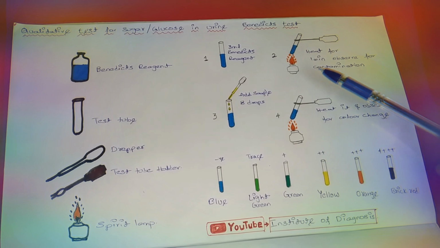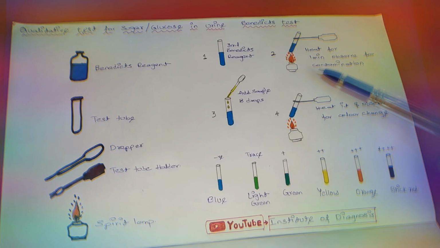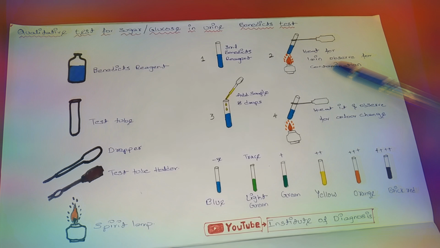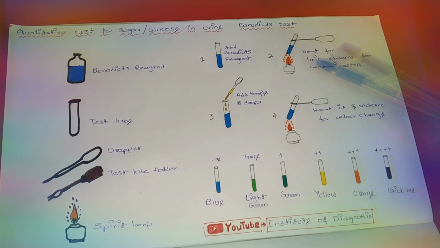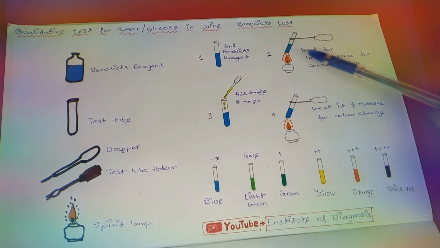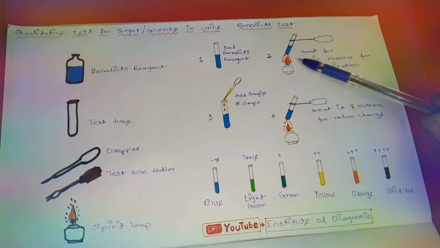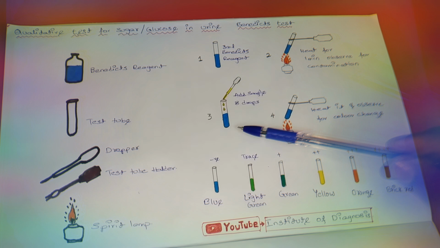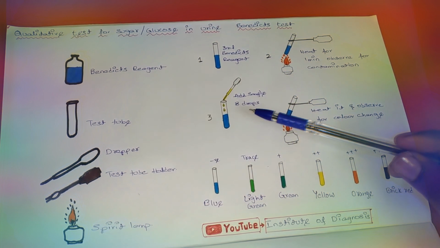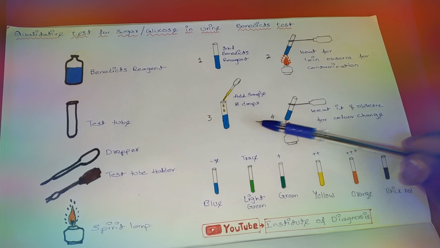Observe whether there is any color change inside the reagent. If there is any color change inside the reagent, it indicates that the Benedict reagent is contaminated. Discard it and take a fresh reagent and continue the procedure. When you don't observe any color change while heating the Benedict reagent, then go for the third step and add 8 drops of the urine sample to the Benedict reagent.